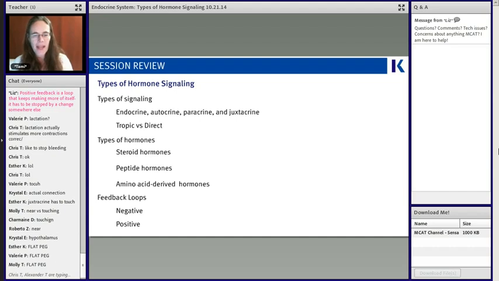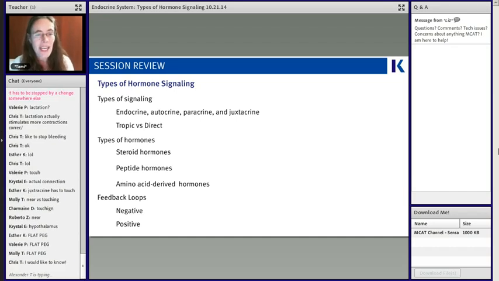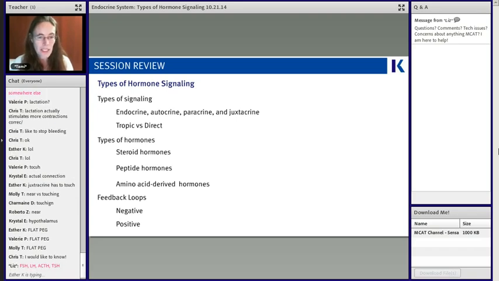Flat peg. Nice. FLAT: FSH, LH, ACTH, and TSH cause other hormones to be released. Those are our tropic hormones. FSH and LH work with estrogen and progesterone. ACTH is adrenocorticotropic hormone, and that causes other hormones to be released. TSH causes the thyroid to release T3 and T4.